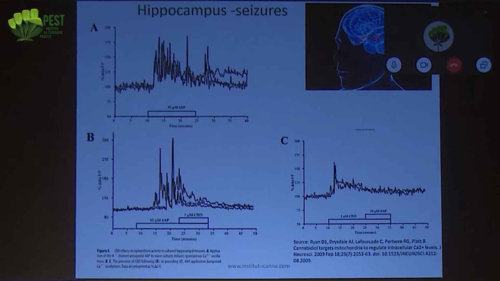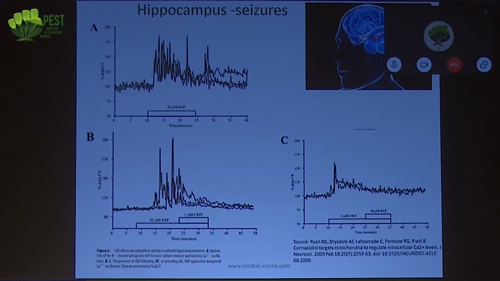One important model where the importance of these calcium concentrations and fluctuations was shown was in a part of the brain we call the hippocampus. It was shown that the level of calcium and how it spikes and falls is very important in seizures.